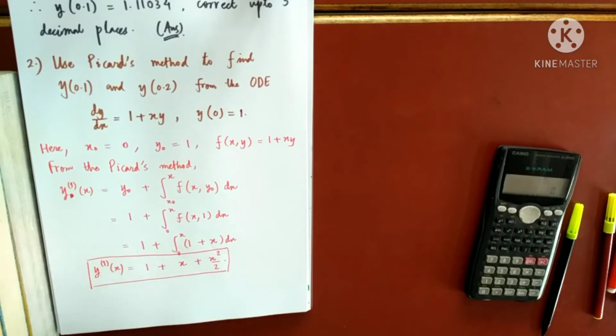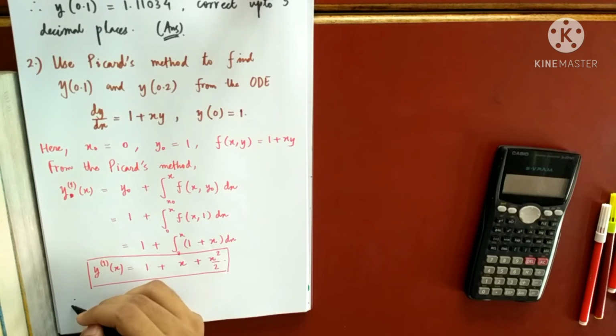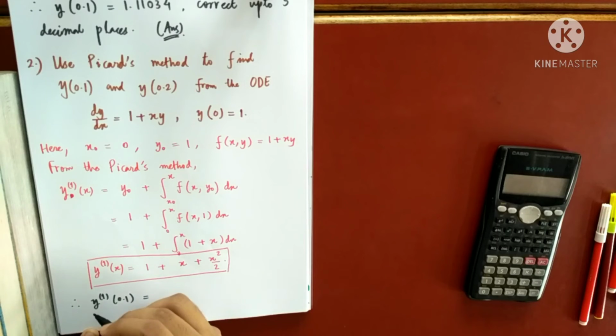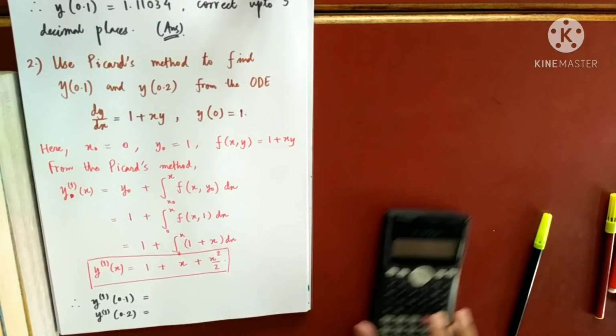We have to find the values at 2 points, so we will go simultaneously. We will find the value of y at 0.1 and also at 0.2. Therefore we find y1 at 0.1 and y1 at 0.2.